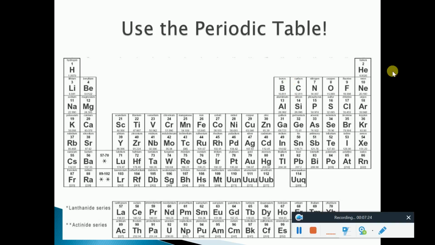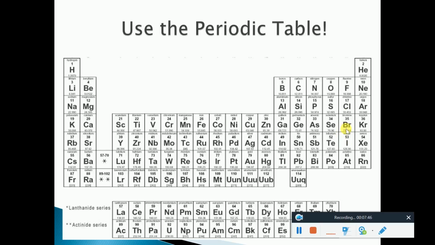So let's think about bromine and iodine. Well, we just learned that as you go down the periodic table, the atomic size is increasing, and so does acidity. As size increases, the bond strength decreases.